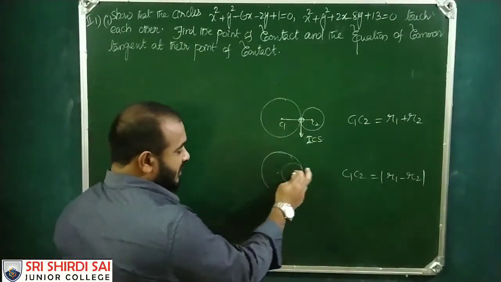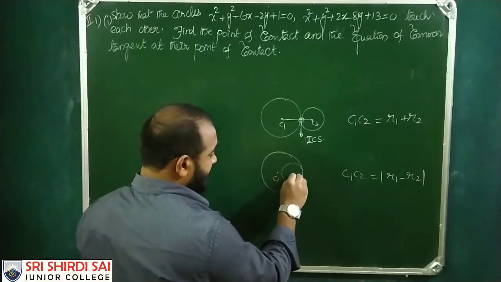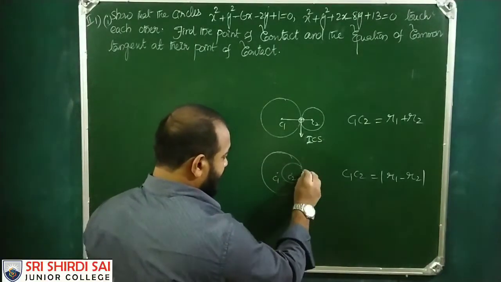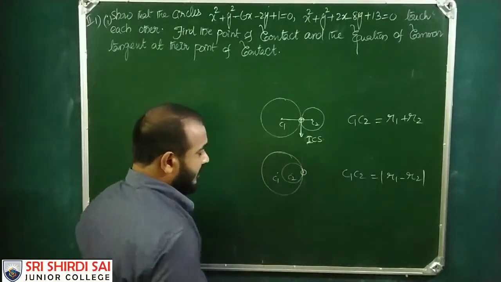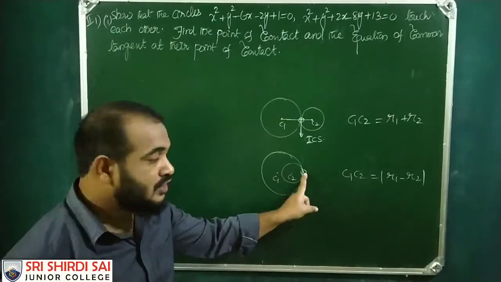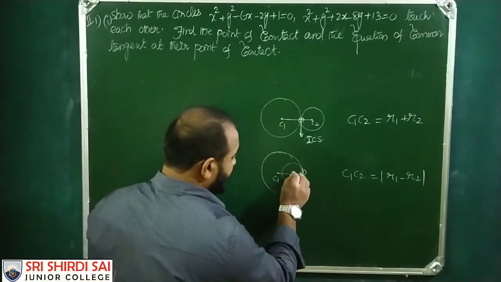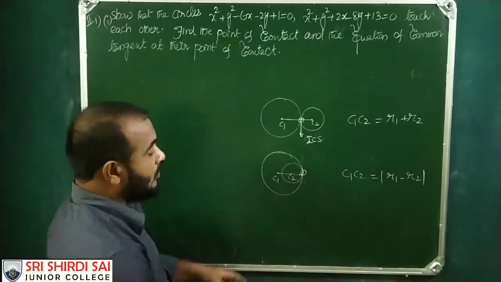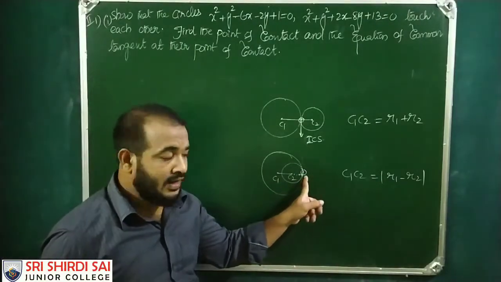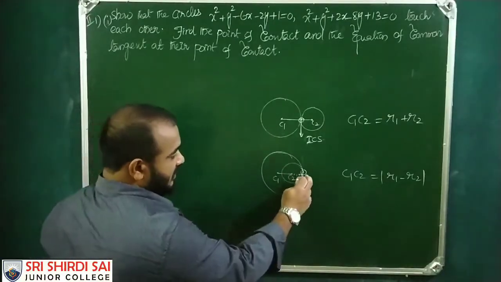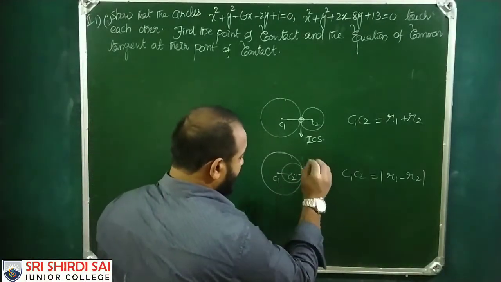And if two circles touch each other like this, this is the point of contact, and this point of contact lies outside the line joining the two centers. So this is the external center of similitude.